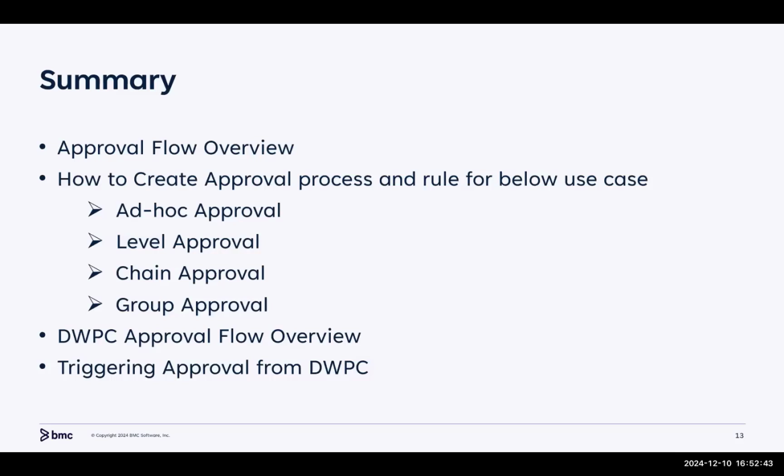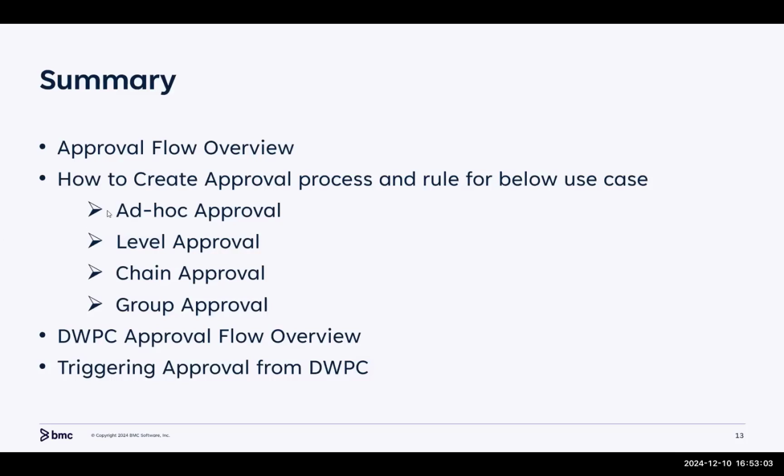Also, in the demo we showed how to configure a chain and a group and how to call them. Also, we went through the approval flow overview from DWPC from A to Z, from call activity to approve or reject, and how to trigger it from the DWP catalog itself.